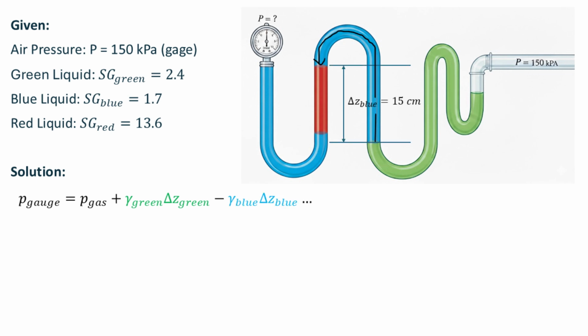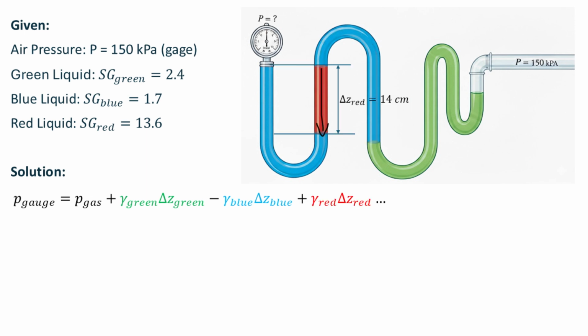As we continue our journey, we enter the blue fluid, going towards the interface between the blue fluid and the red fluids. The specific weight of the blue fluid should be used here. This time, the ending interface has a higher elevation than the starting interface, meaning that we have increased in elevation by 15 centimeters. So some pressure shall be deducted, and therefore minus is used here.